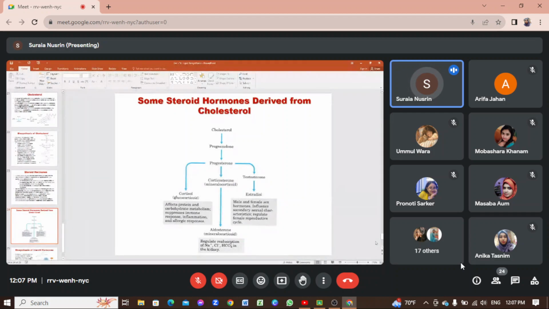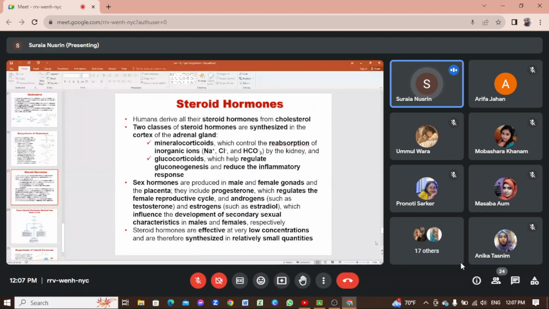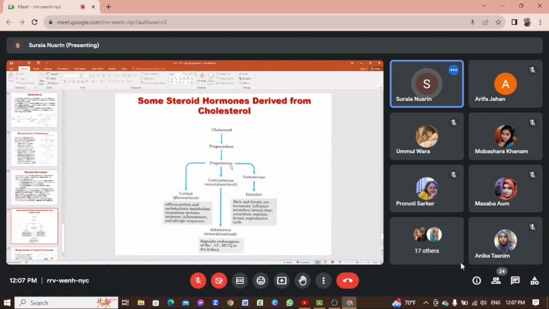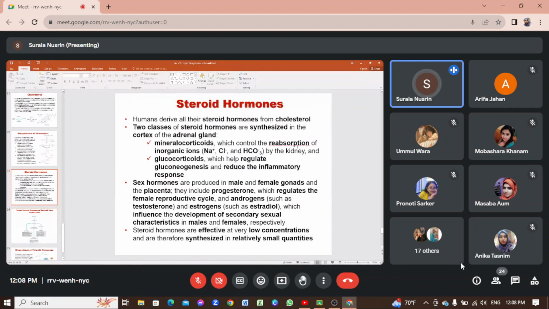That means this pathway occurs in the cortex of the adrenal gland, as well as the male and female gonads and placenta. So we get progesterone, then from progesterone, cortisol, corticosterone, as well as testosterone, and eventually estradiol are synthesized, and the functions are also mentioned here, which is also written in the previous slide.